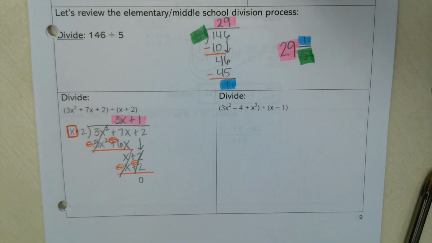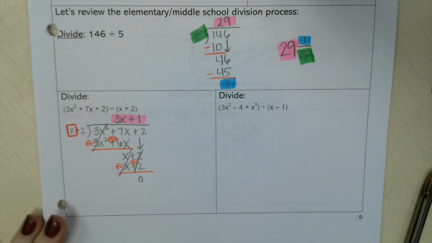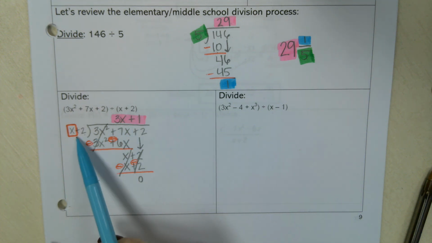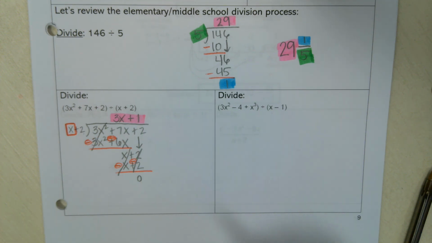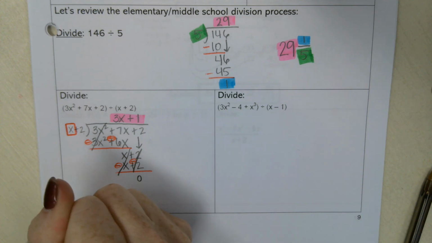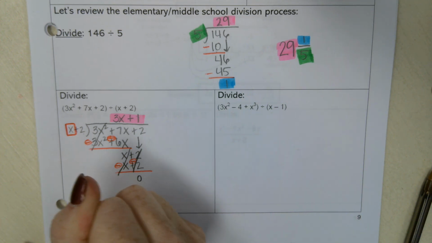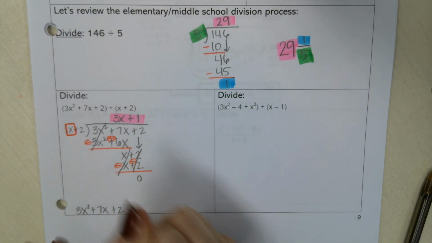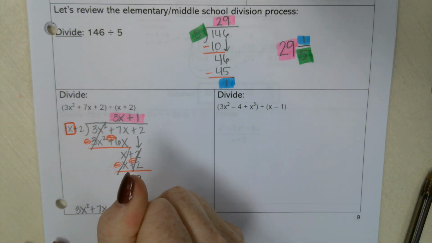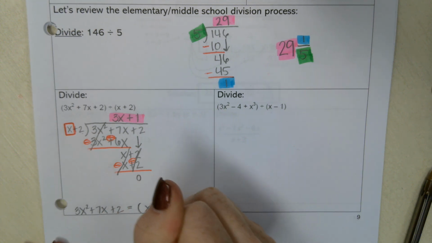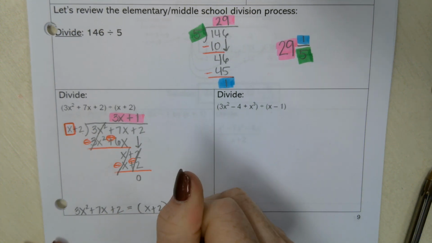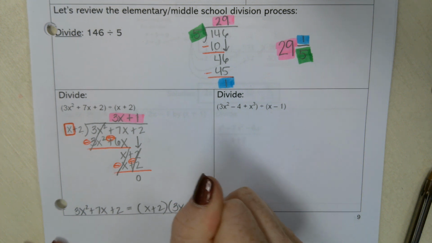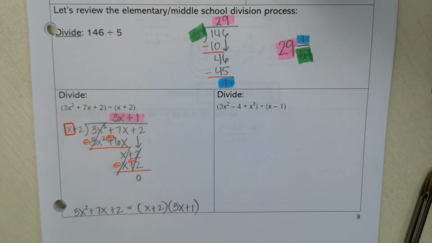Okay? But I want to show you that because it divided and gave me a 0 remainder, I can say that 3x squared plus 7x plus 2, my original dividend, is equal to the product of x plus 2 times 3x plus 1.